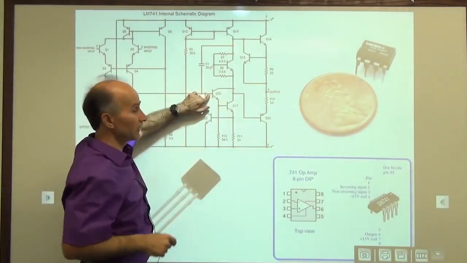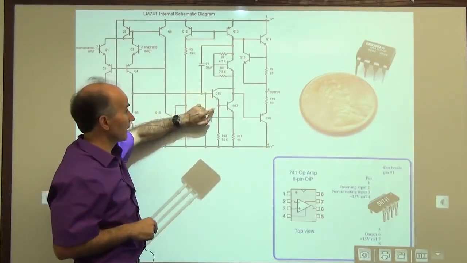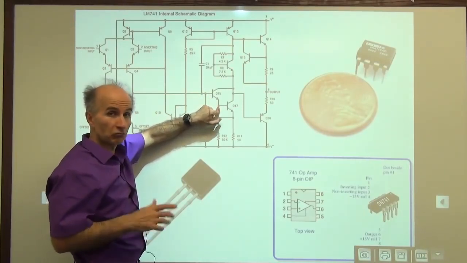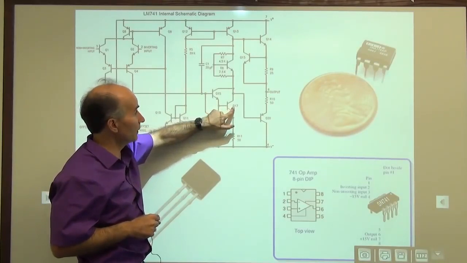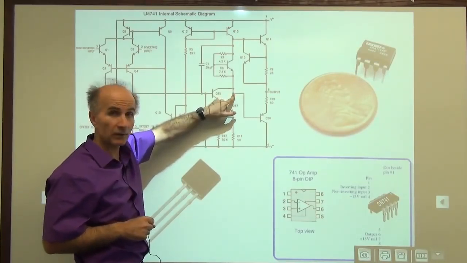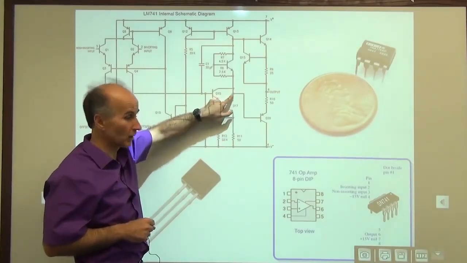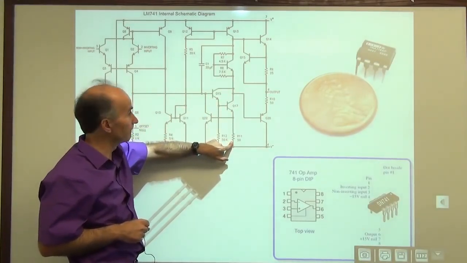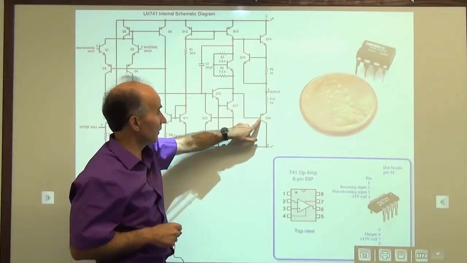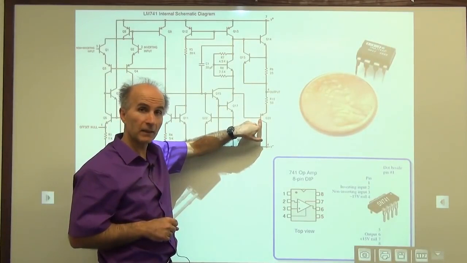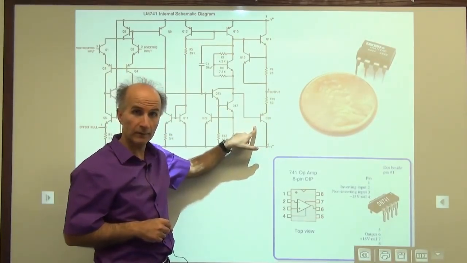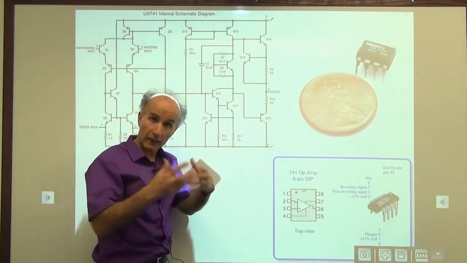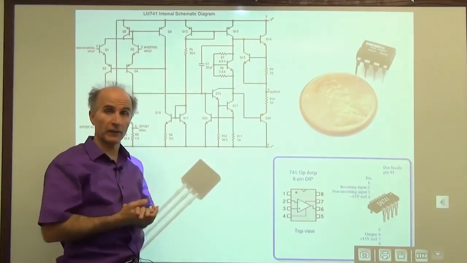It goes to the base of Q15 and comes out of its emitter. You might call that an emitter follower. Then it goes to the base of Q17 and comes out of its collector. So that's a common emitter stage with degeneration. And then it comes here, goes to the base of Q10 and comes out of the emitter. So that's an emitter follower.